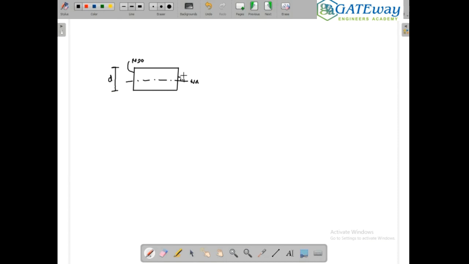Then consider layers 2, 3 and 4, and in the same way at the bottom, 5, 6, 7. Okay, when this beam is loaded, say W.